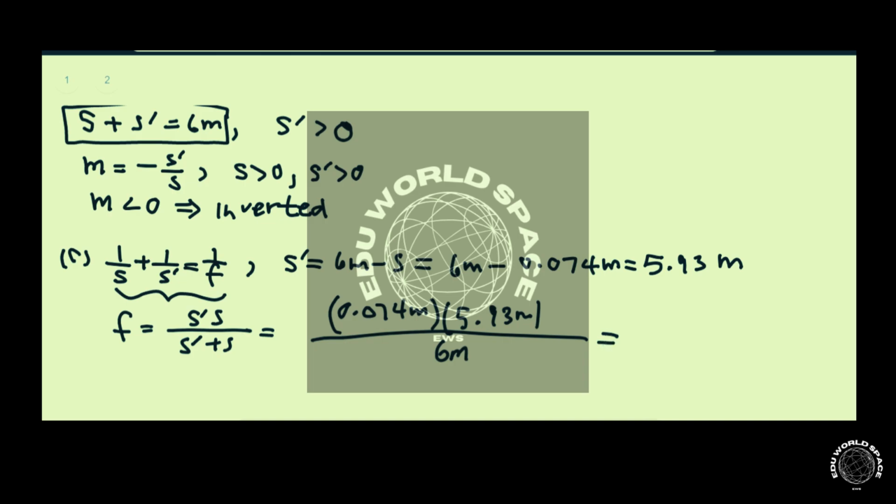And that gives me that F is 0.073 meters. Note that F is positive, so let's do part D. F is positive, therefore I have a converging lens.